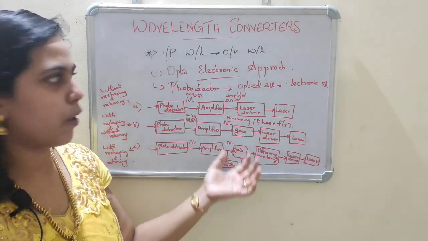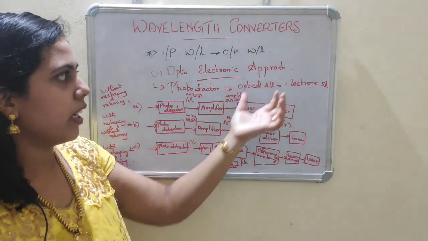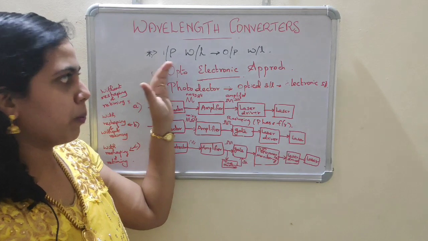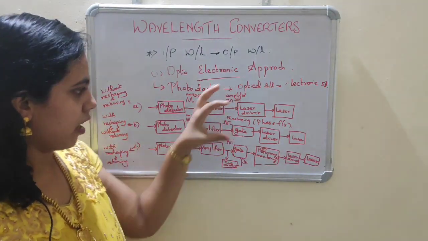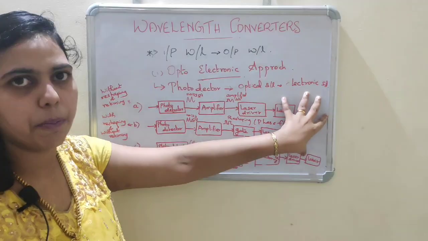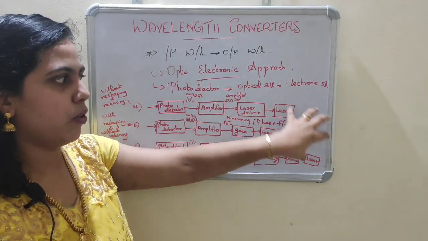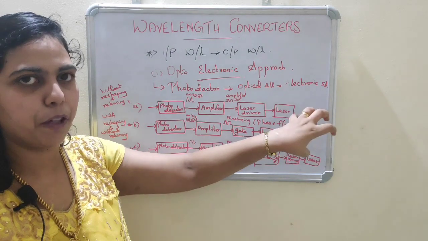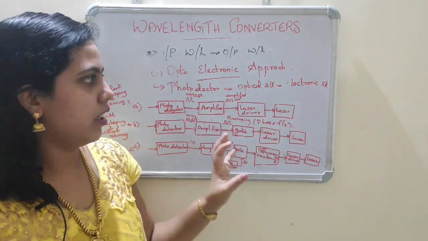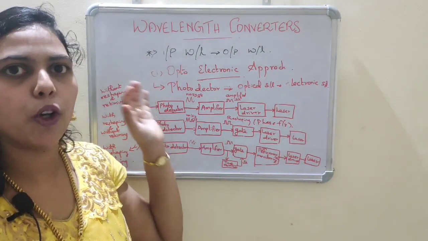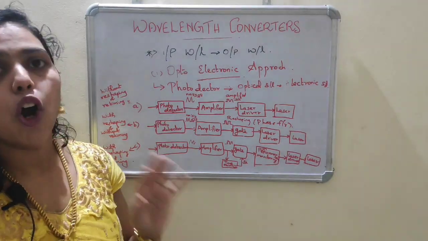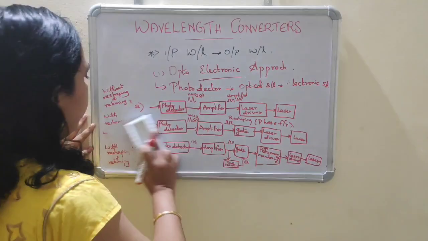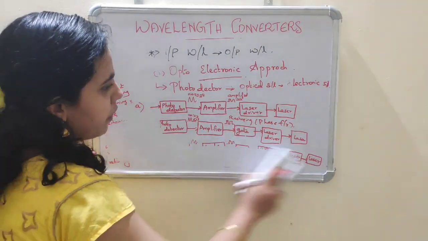It uses variable input, but a fixed output is obtained from the laser. Next we are going to discuss the second type, optical gating, the second way to achieve wavelength converters.